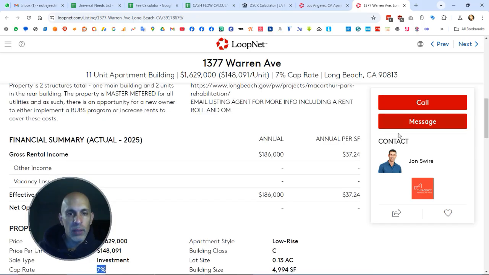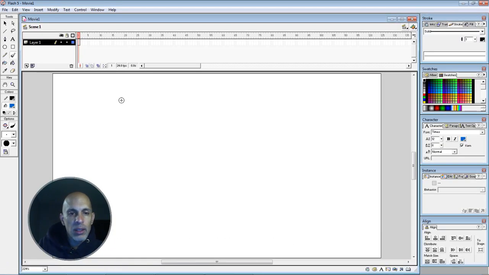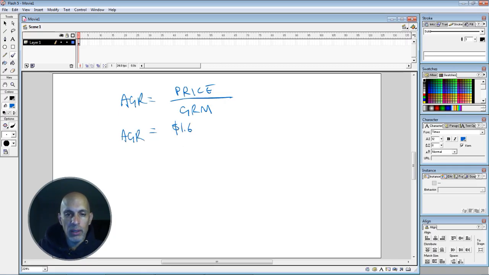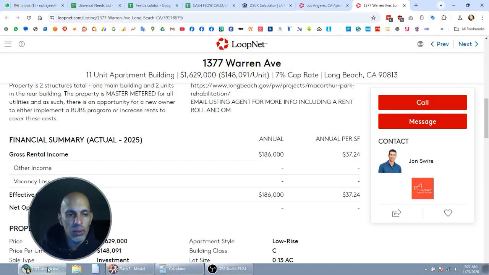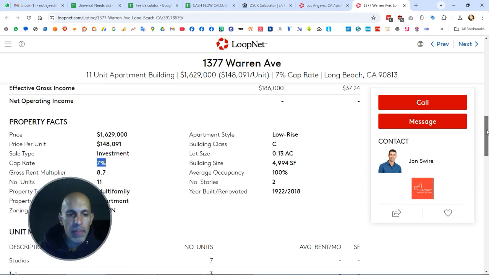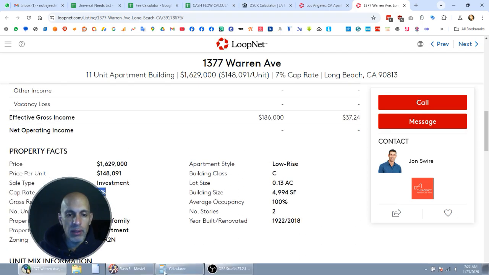Okay, so 1.629 million. Annual gross rents, AGR, is equal to price over gross rent multiplier. So AGR is equal to 1.629 million over, what did they say? 8.7.